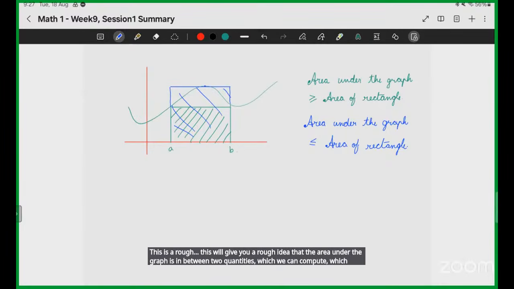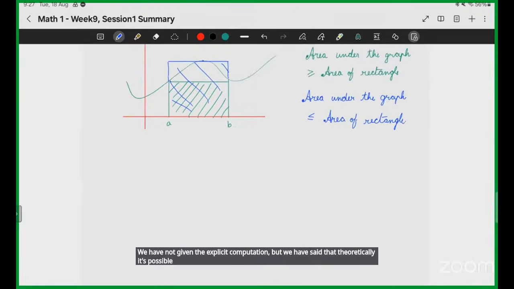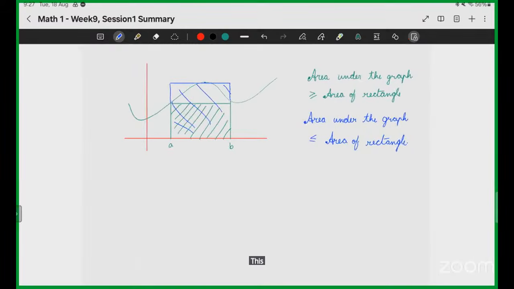We have not given the explicit computation, but we have said that theoretically it's possible. But this is not necessarily the best estimate. As we usually do, we take sharper and sharper estimates, and we take the limit of those estimates, and we will call that the area under the graph.